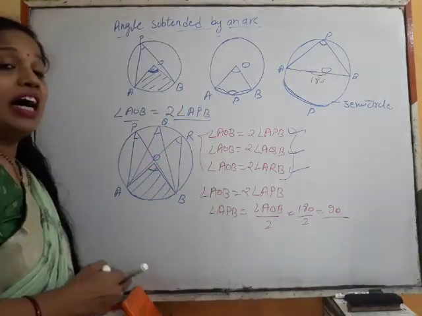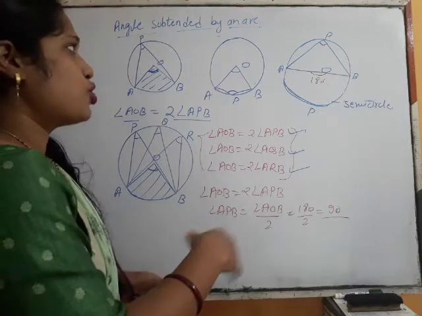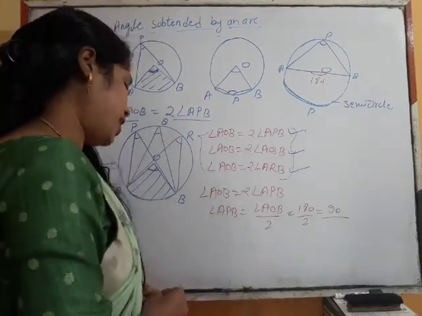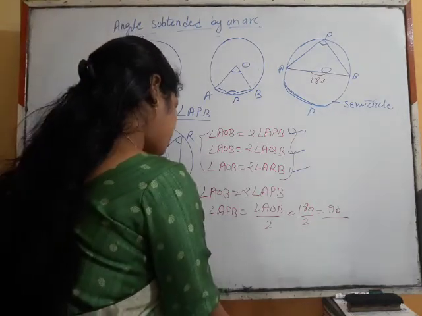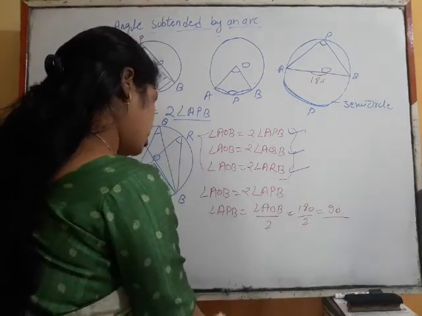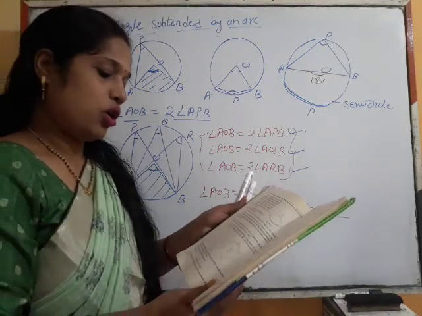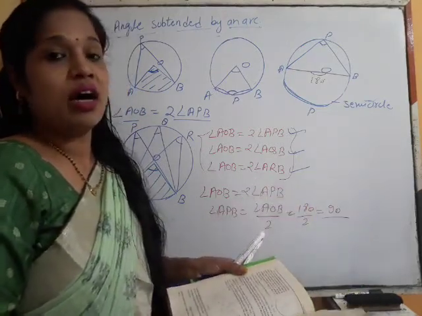Which is a right angle. So that gives us our next statement, not a theorem: angle in a semicircle is a right angle.